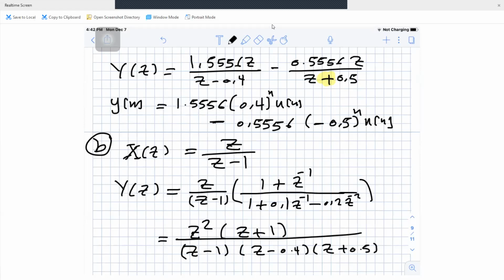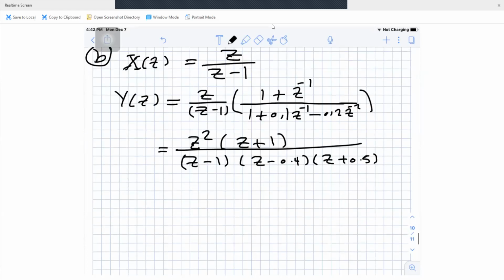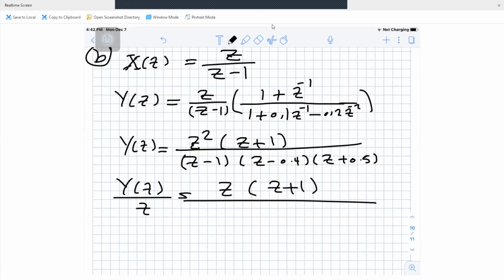So this time we have 3 roots or 3 poles in the system. So we are going to apply the partial fractions. Y(z)/z becomes z multiplied by (z + 1) divided by (z - 1)(z - 0.4)(z + 0.5).